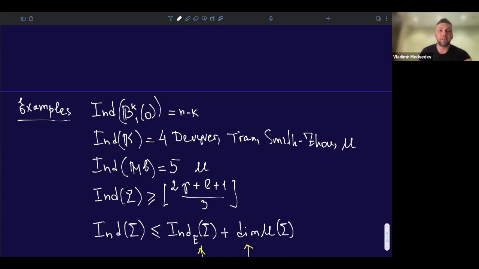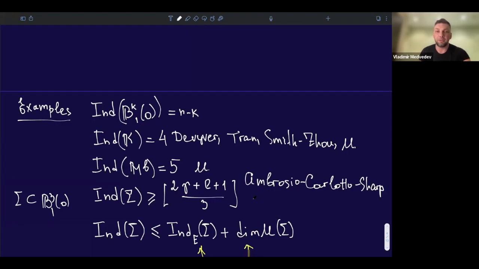In the case of sigma in B^3, you can find a lower bound on the index, which was proved by Lucas Ambrozio, Alessandro Carlotto, and Ben Sharp, and also by Pamela Sargent. By the way, I don't know if I pronounce her name correctly.